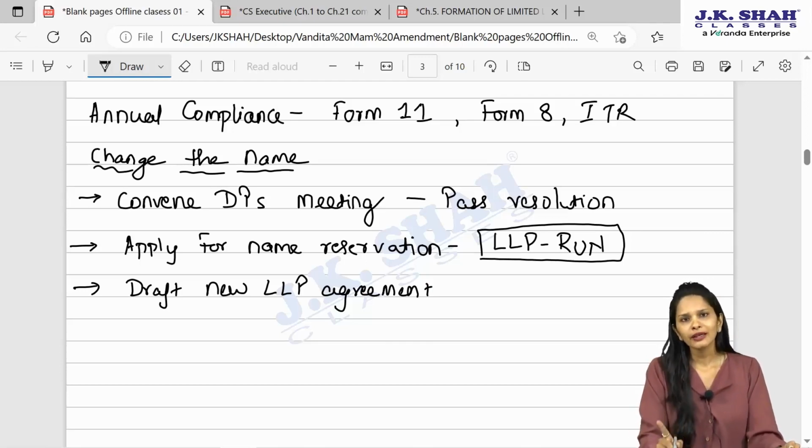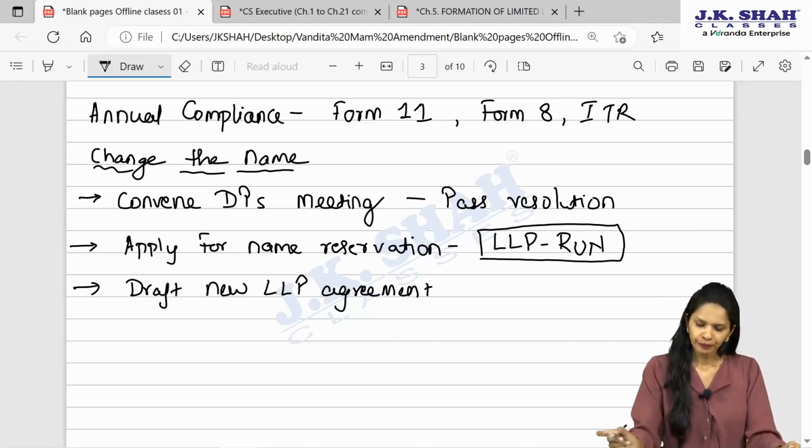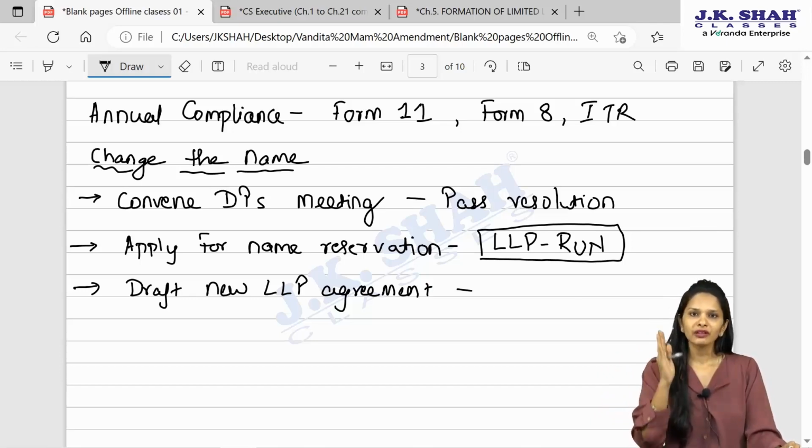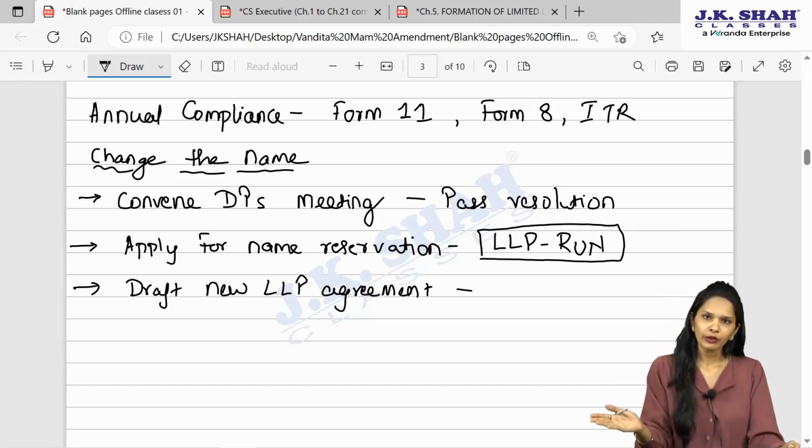Like memorandum and articles are the charter of the company, LLP agreement is the charter of an LLP. So you have to always draft the new agreement, but this new agreement can never replace the original one. Original one will always be with the LLP for the lifetime of LLP.